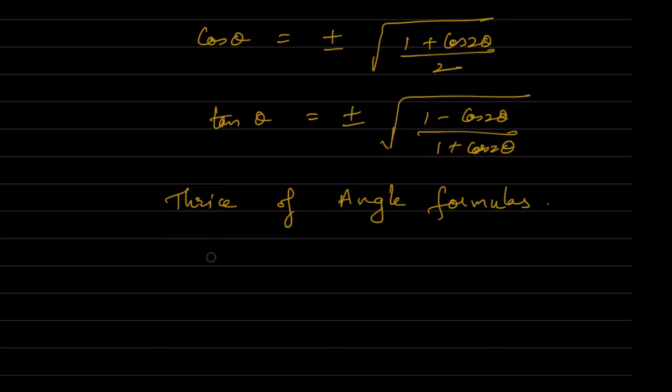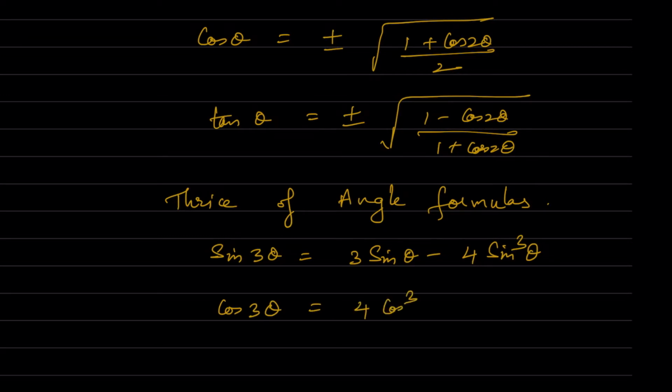Next we'll see what is the thrice of angle formula. So how do we take these formulas? We'll see. First we have sine 3 theta is equal to 3 sine theta minus 4 sine cube theta. Then we have cos 3 theta is equal to 4 cos cube theta minus 3 cos theta.